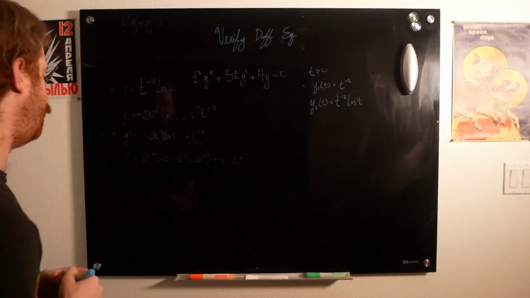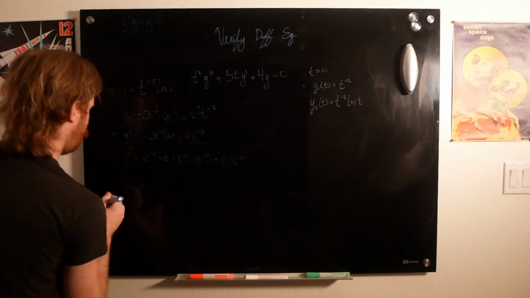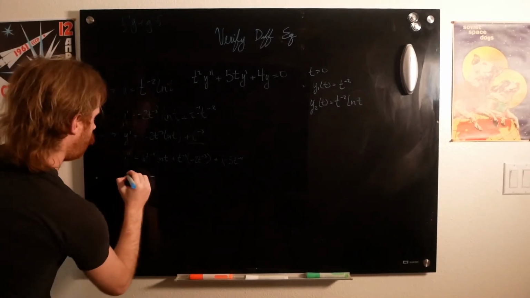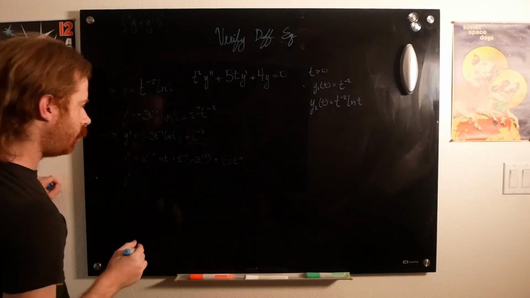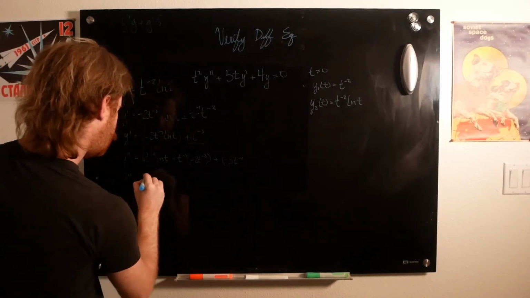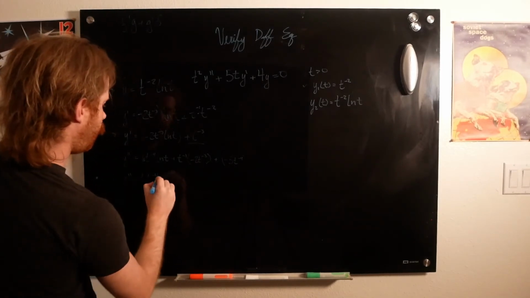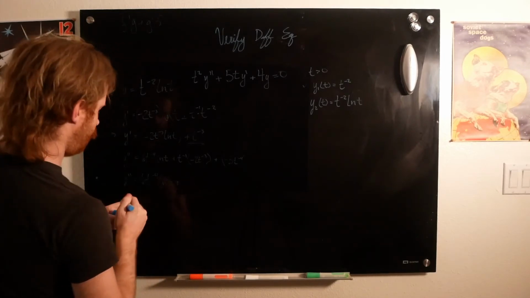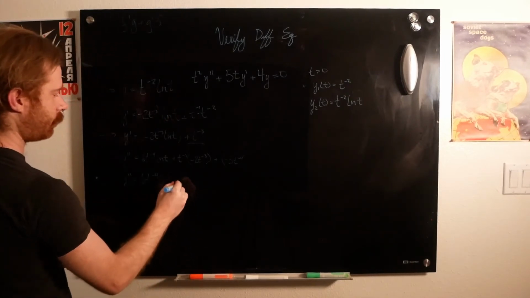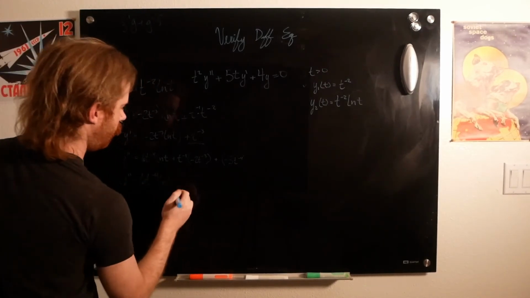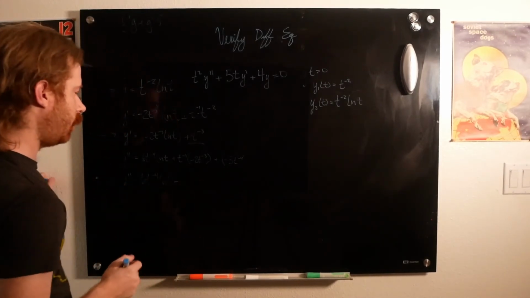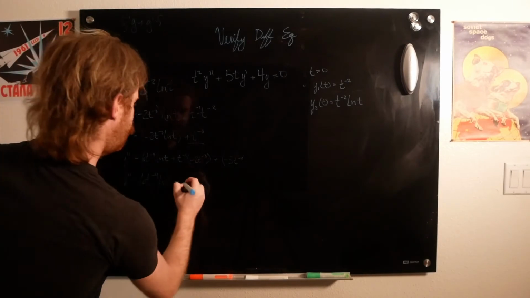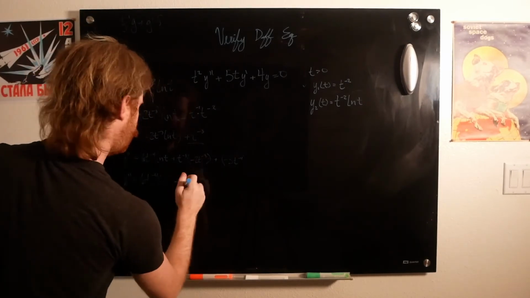Okay, so let's simplify that a little bit. Y double prime is going to equal 6t to the negative fourth power times ln of t. Plus, this is going to turn into a minus sign. Minus 2t to the negative fourth.